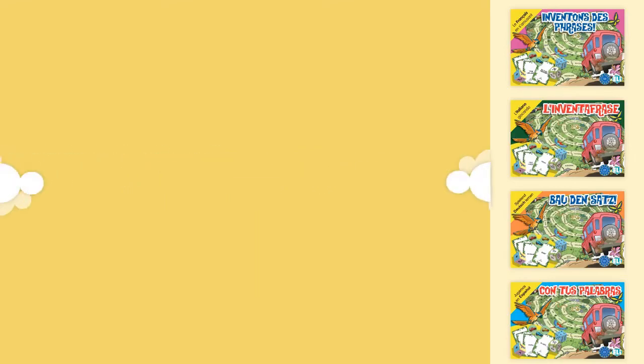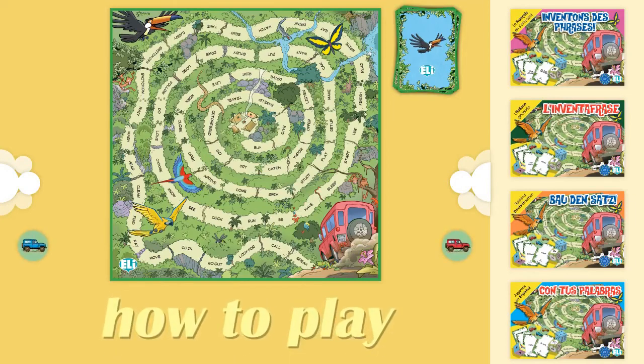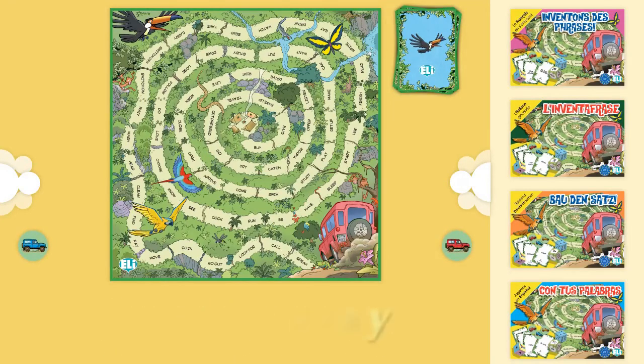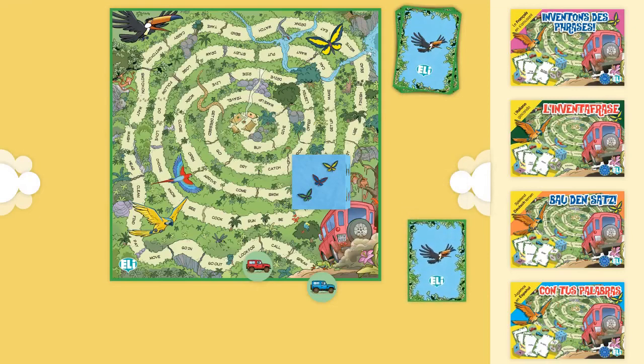The game is played in teams. The board is set and each team selects its marker. Let's see an example of how the game is played. The first team rolls the numbered die, makes a 3, and then moves the assigned marker to the verb space on the board. A member of the team picks a card randomly from the time expression deck. It's a 5-point card.